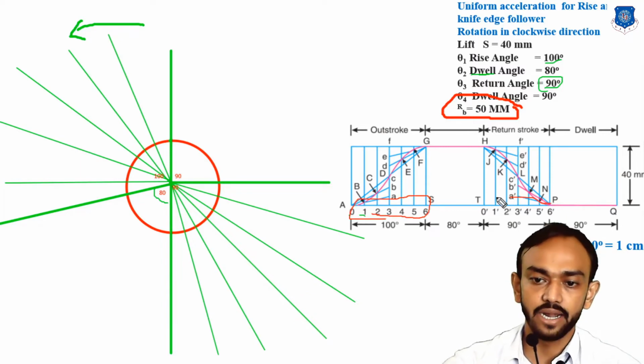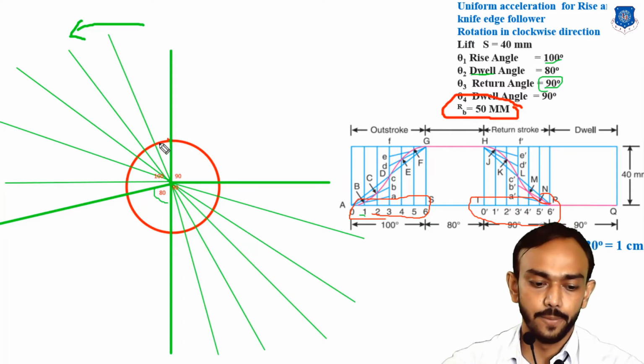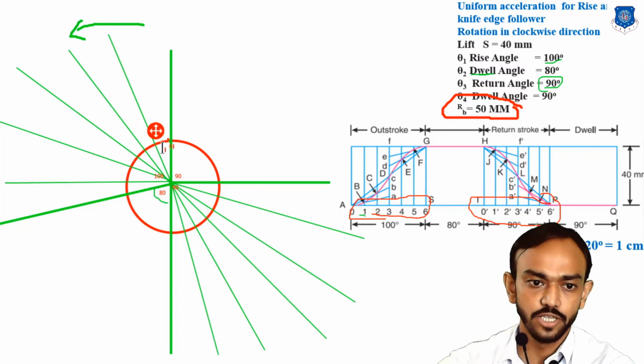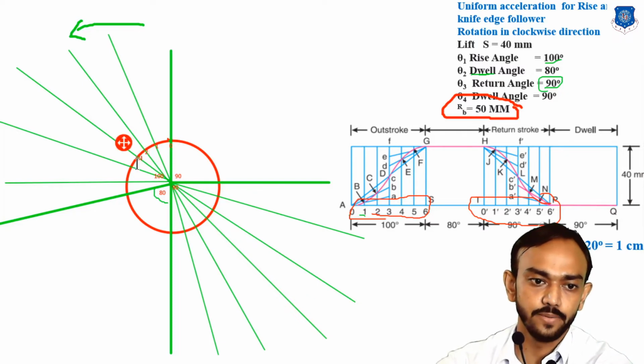So first point will be 0, this point is 1, 2, 3, 4, 5, and the last line will be 6.